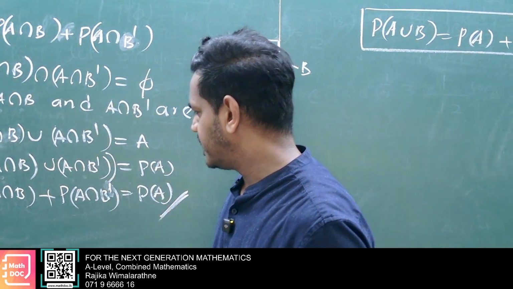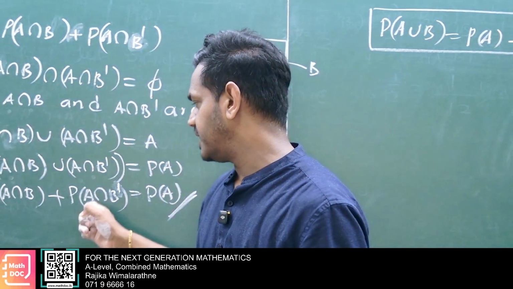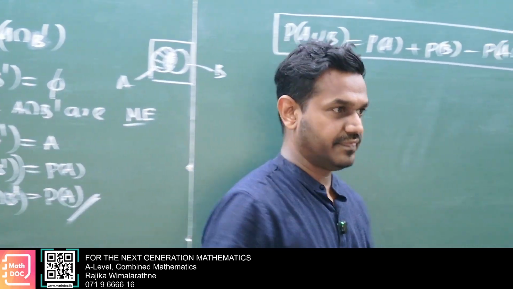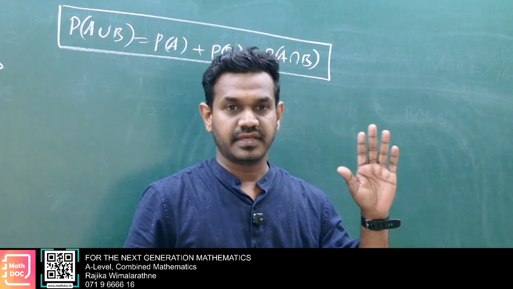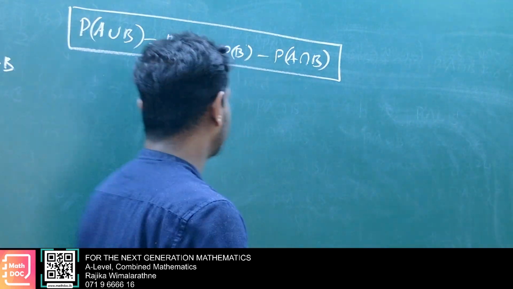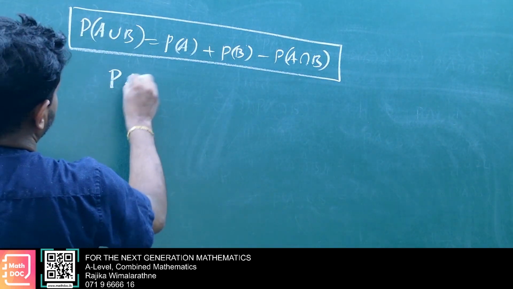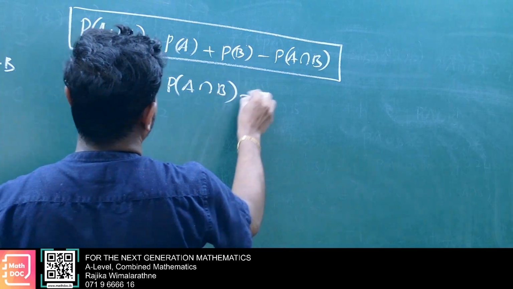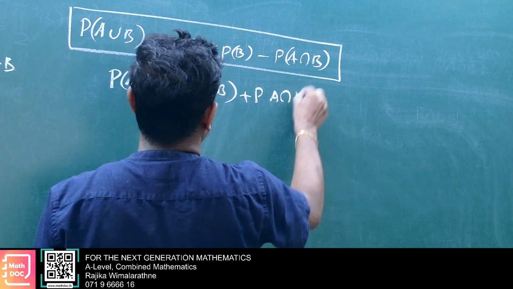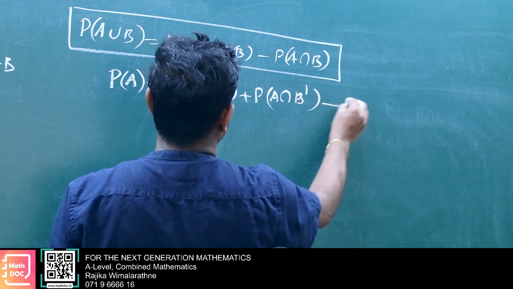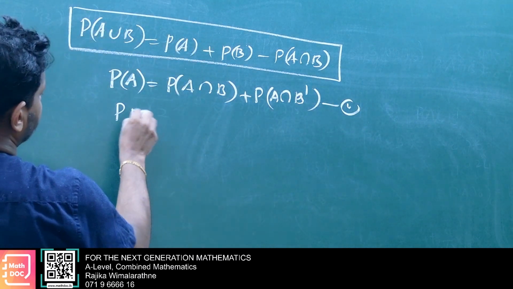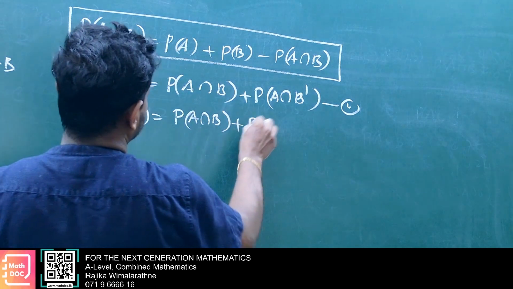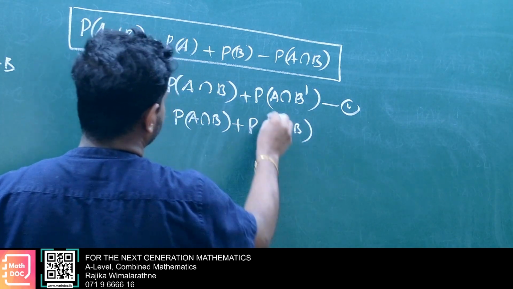Similarly, P(A intersection B) plus P(A dash intersection B) is P(B), no? Take the previous theorem now. Check this now. Here P(A) = P(A intersection B) + P(A intersection B dash). Similarly P(B) = P(A intersection B) + P(A dash intersection B).